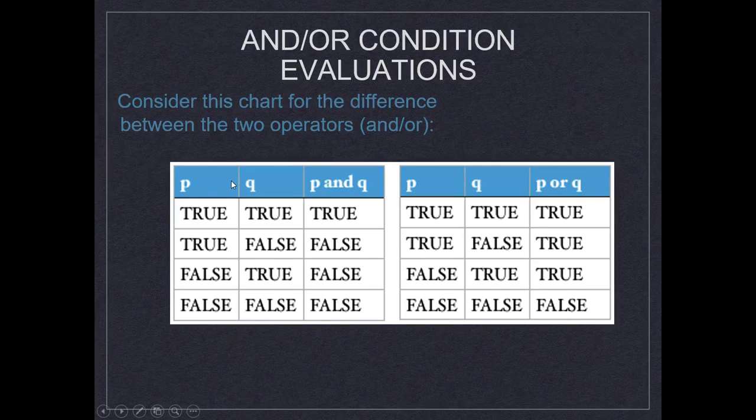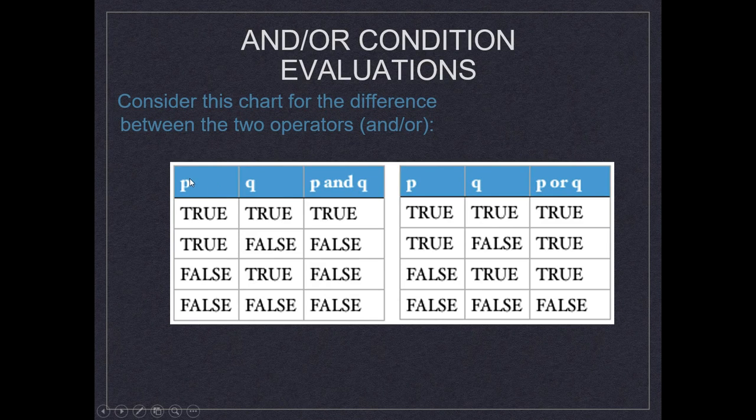And if you've ever taken this class, then you would probably recognize this chart. If you've ever heard about a truth table, this is something that you would be very familiar with. If not, you can look up truth tables and understand logic in a little bit more detail. If not, don't worry, you don't need to know that just to understand this concept.